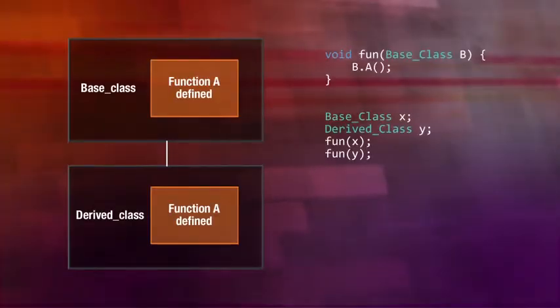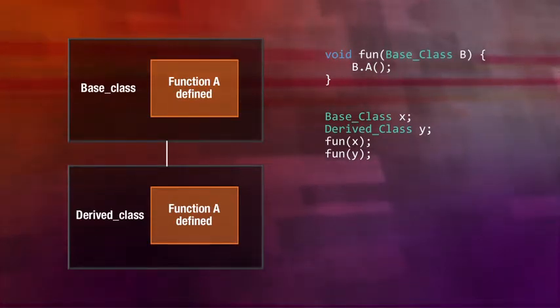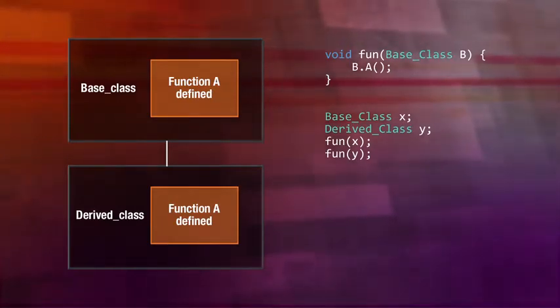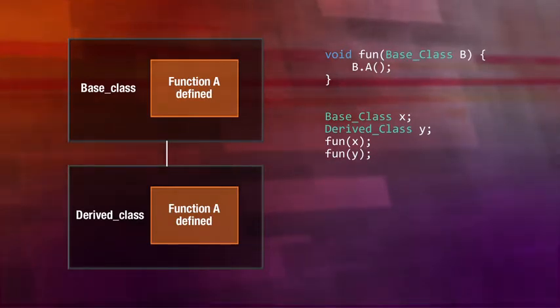Here's how this works. Say we have a base class and a derived class. Let's say that there's a function a defined in the base class. And say that the derived class also has a function a defined. Then let's imagine that we have code that defines a function, fun, that takes in a base class as a parameter, and that then calls the function a on that parameter.